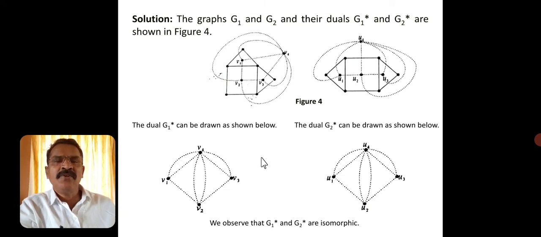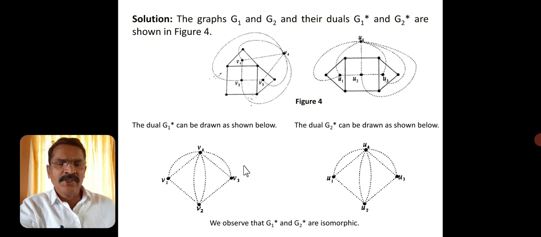It doesn't mean that you have to join two vertices only in a straight way. Even you can join two vertices by a curved line also. So therefore, if I redraw those two diagrams, these are the two graphs of the geometric dual of G1 as well as G2.